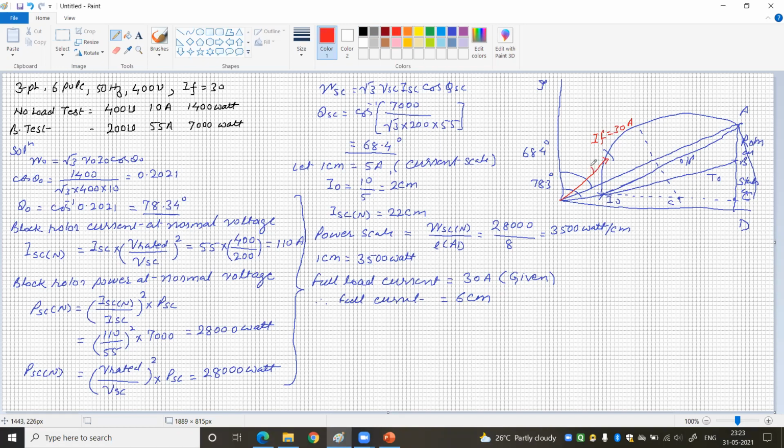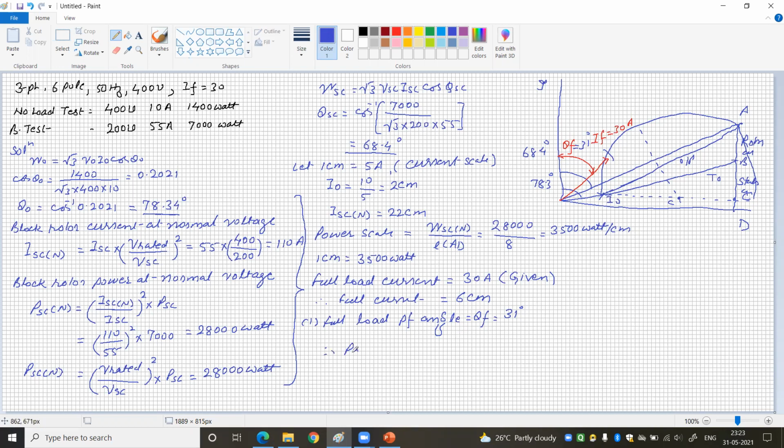The angle between the y-axis and the full load current is the full load power factor angle. So now the full load power factor can be calculated very easily. First parameter, full load power factor angle theta f is found to be 31 degree by plotting the circle diagram.